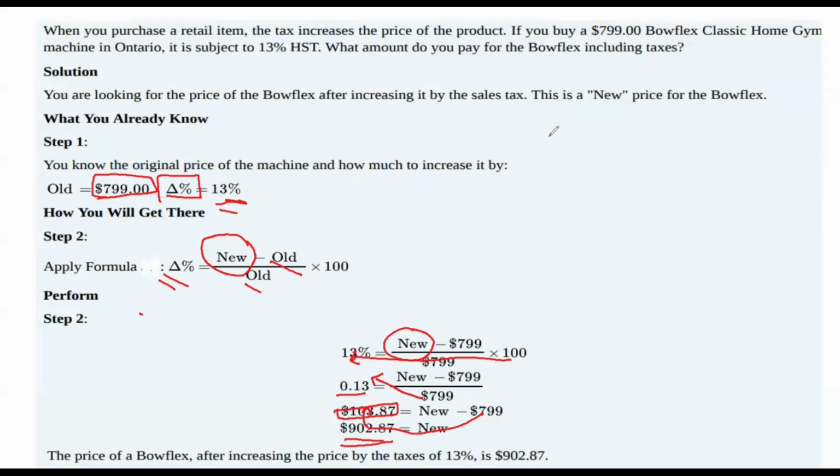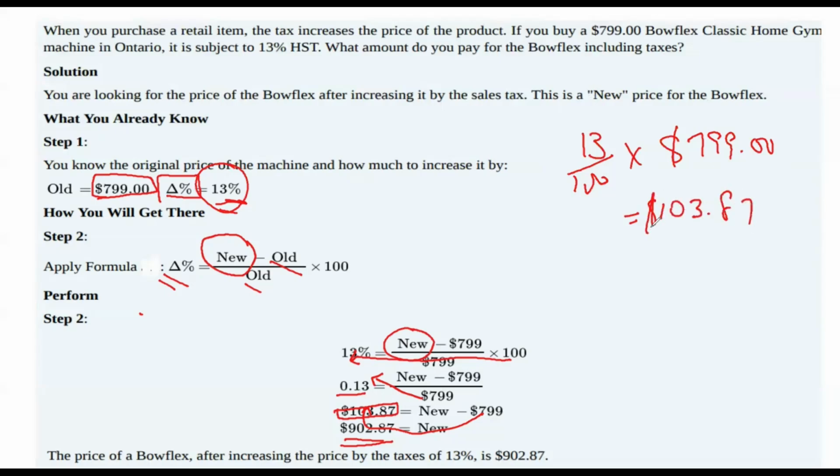I know in Guyana here, sometimes we do it this way. You see this in school a lot. If you have to pay a 13% sales tax, you find 13% over 100 times 799. I'm not putting the zero, it doesn't have any effect on the calculation. That is equal to $103.87, but this is your tax.